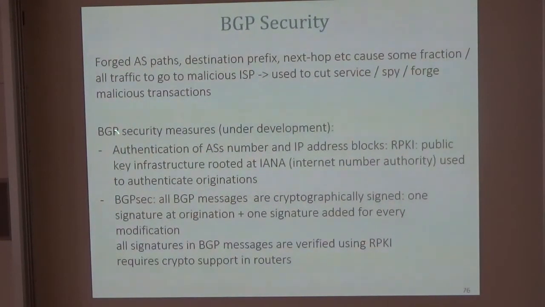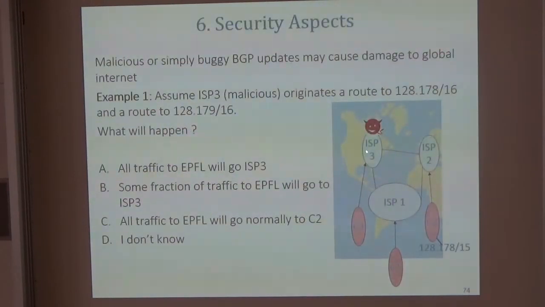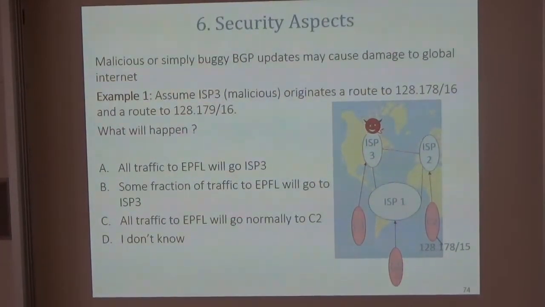But of course, that would solve only some problems of relatively simple attacks like this one. You can imagine very easily, and there are a few papers that describe, if you do a search on IEEE Xplore, or ACM, you'll find a number of papers that describe BGP attacks.